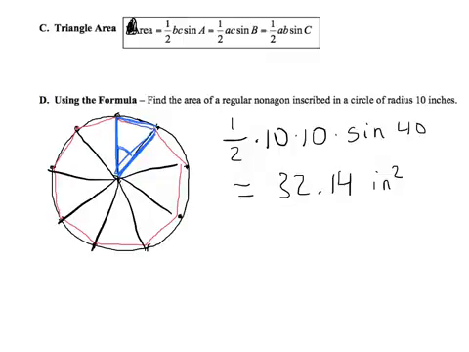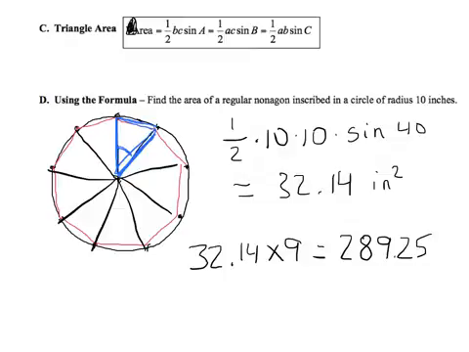And then to get my overall area of the entire polygon, or nonagon, I'm going to go 32.14 times 9, and I get a total area of 289.25 inches squared. There are your notes for section 6.